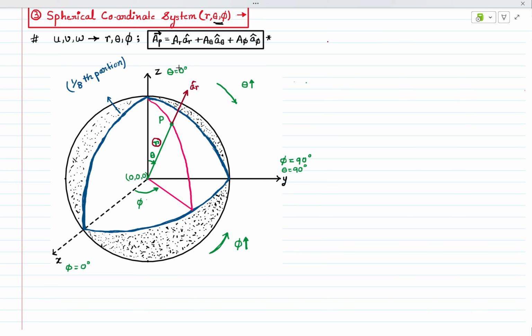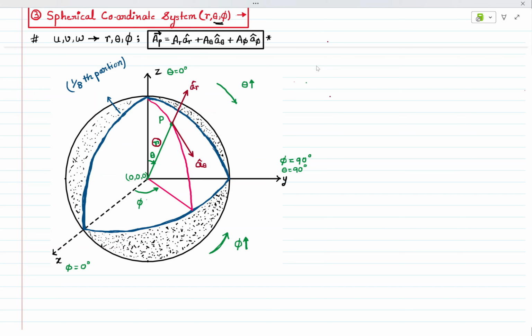That is, at the z axis theta equal to 0, then at the xy plane theta equal to 90 degree. So I can show the theta direction like this. So this is the a theta.